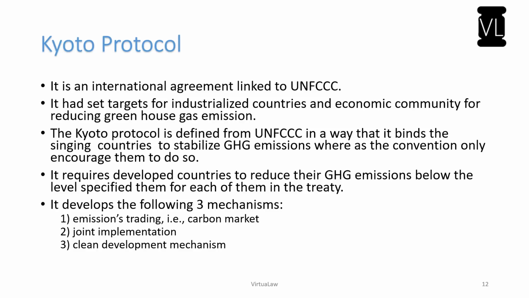Two or more developed countries can jointly implement their obligations in a developing country. And then the clean development mechanism. We have discussed this under sustainability terminologies. That's an initiative by the United Nations wherein the developed countries are expected to develop the developing countries through the clean development mechanism. So that is again an outcome.